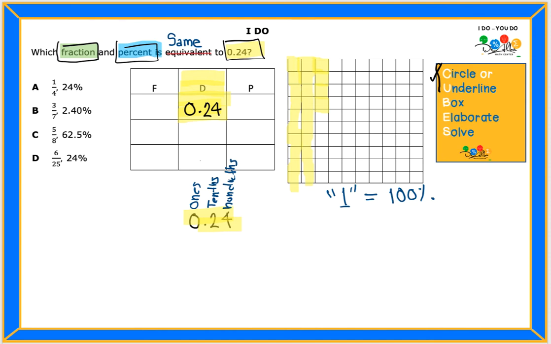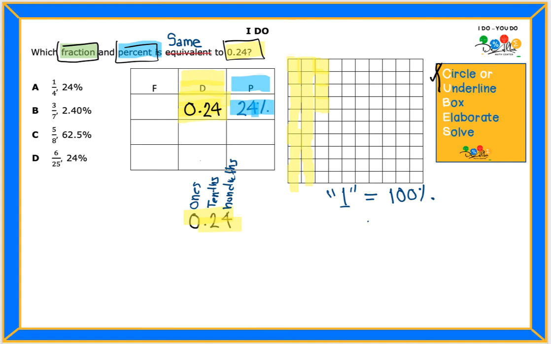In that case, each little tiny square will represent 1%, because this is a 10 by 10 grid. So in total, we have 100 little squares. So this one here is saying that 0.24 in decimal is the same as 24%. And it is exactly the same number. Awesome. So I can see with my visual 2 different ways to get my number.